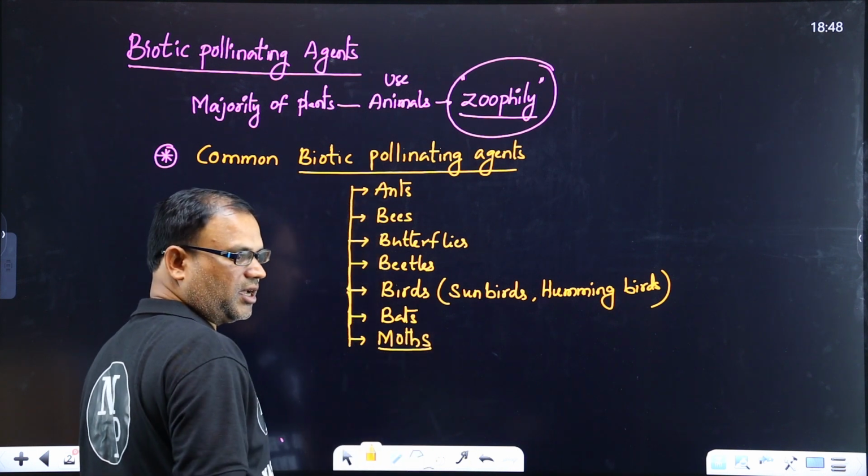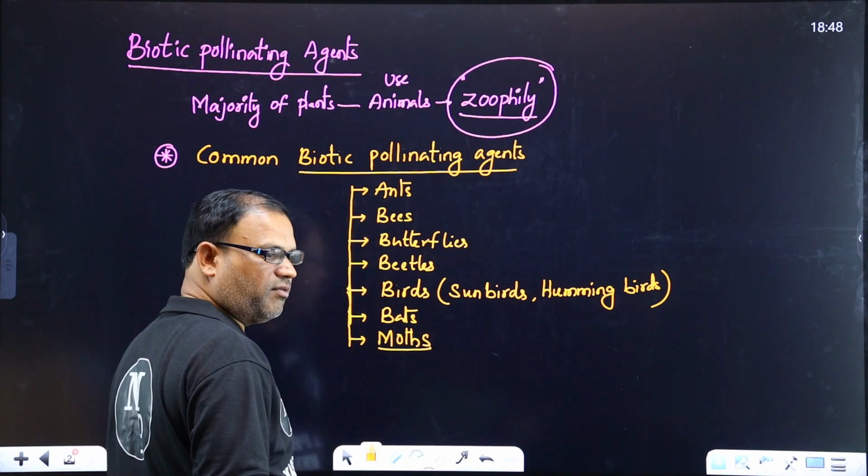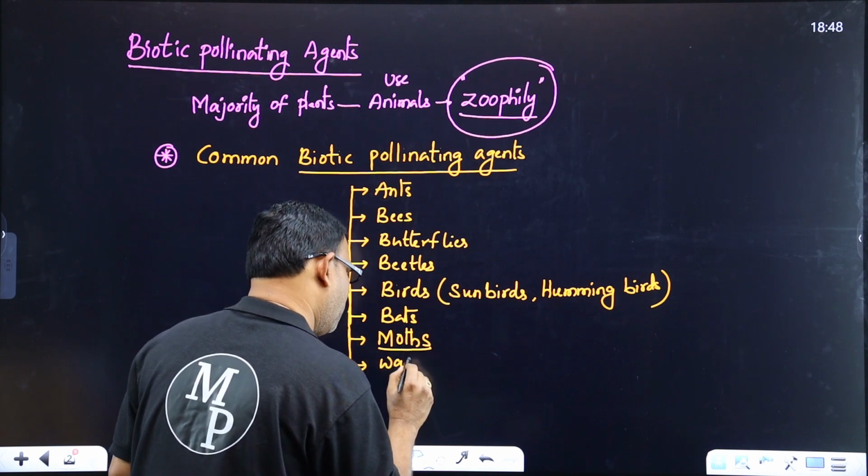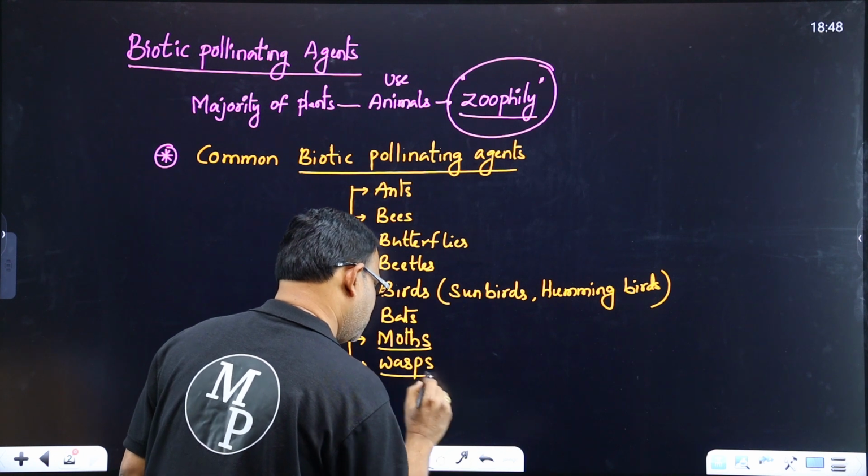Night flowering plants can pollinate with the help of moths. Okay. Then next one, wasps.